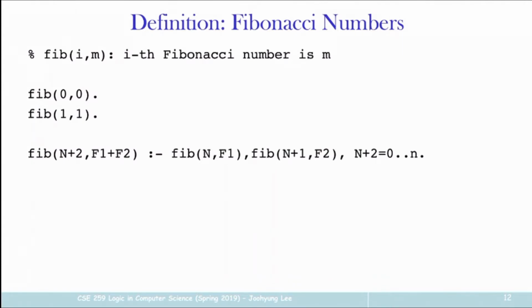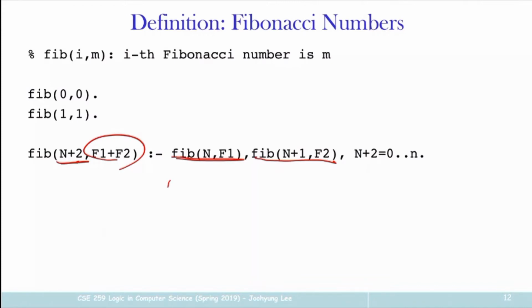So here, let's look at this. If the nth Fibonacci number is f1, and the n plus 1 Fibonacci number is f2, then the next Fibonacci number is f1 plus f2. Makes sense, right? You just add the 2 previous Fibonacci numbers to generate the next one.